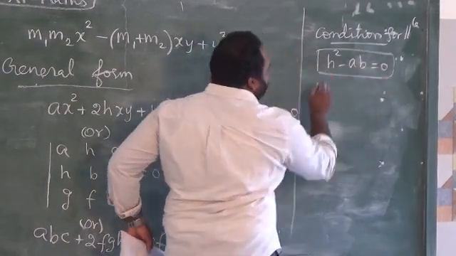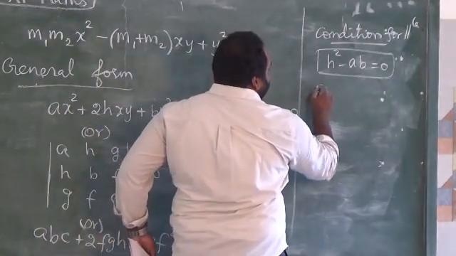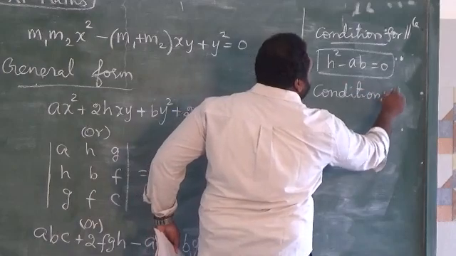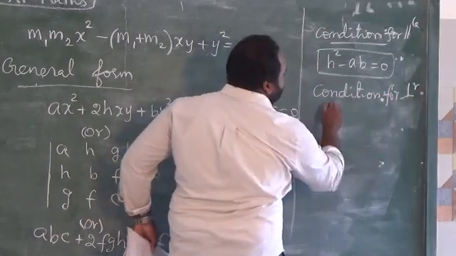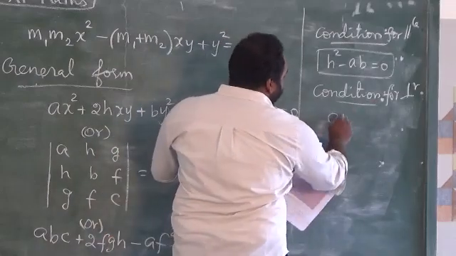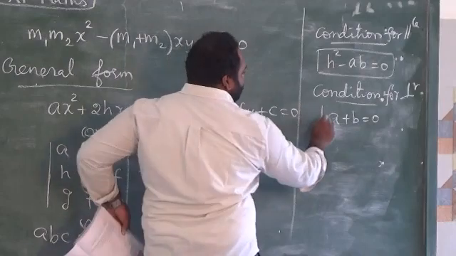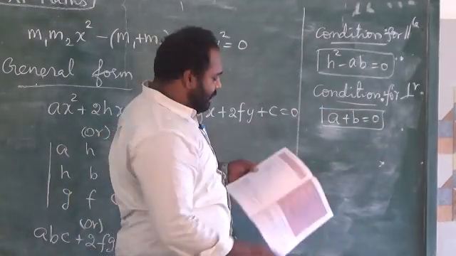So this is the formula for a pair of parallel lines. Next, the condition for perpendicular lines is a plus b equal to 0. So this is the condition for a pair of perpendicular lines.